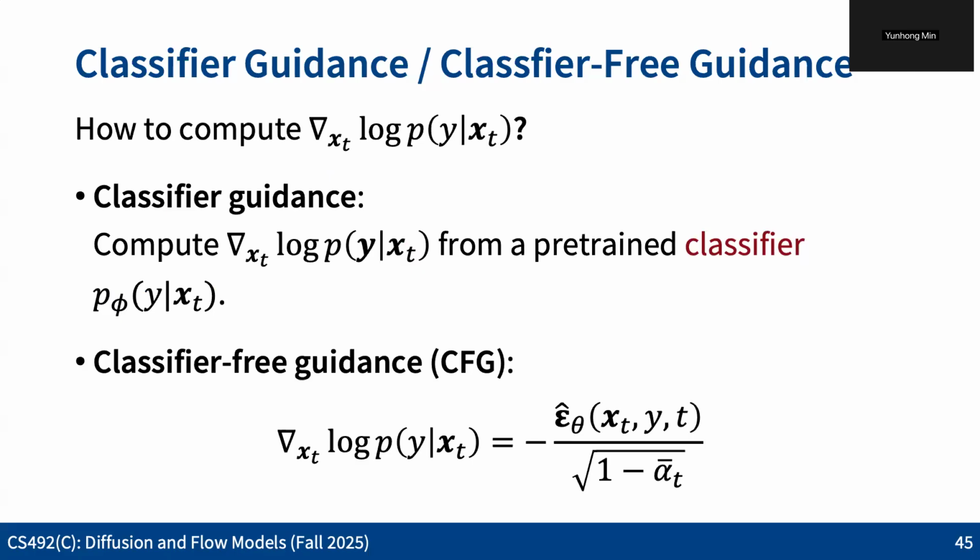So these two were examples of computing this likelihood score by training another classification network, or by jointly learning the conditional noise with the unconditional noise.